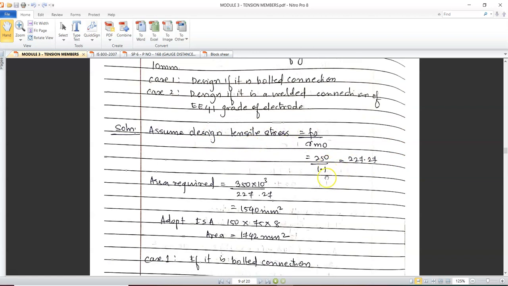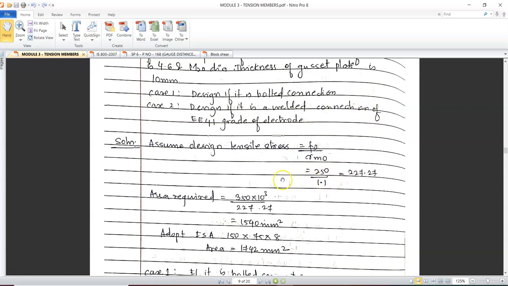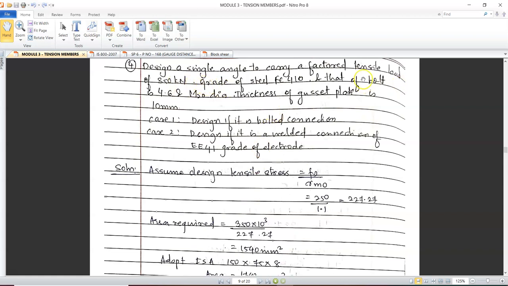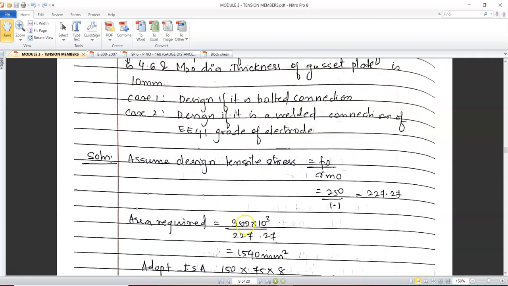Once the permissible design tensile stress is known, we calculate the area required, that is load divided by the permissible tensile stress. The load is 350 kilonewton, which is the factored tensile load. That is why it is not multiplied by the factor again.